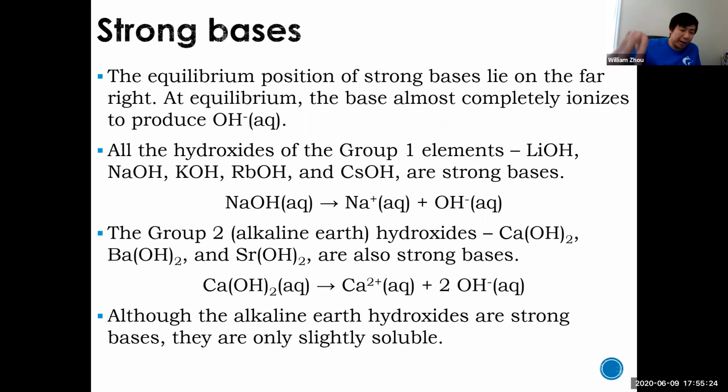If you already have aqueous calcium hydroxide, it will 100% break apart to make calcium 2+ and hydroxide, if you already dissolved. If you didn't dissolve, that's a different story, but that's not what we're saying here. We're saying that of the dissolved calcium hydroxide, you suck at dissolving, but you will dissolve to some extent. The ones that do dissolve, that is 100% dissociation.